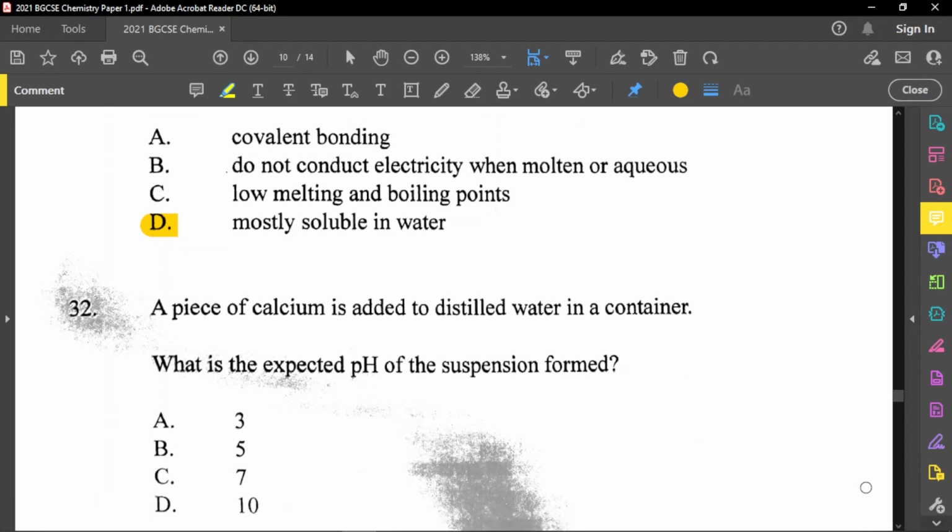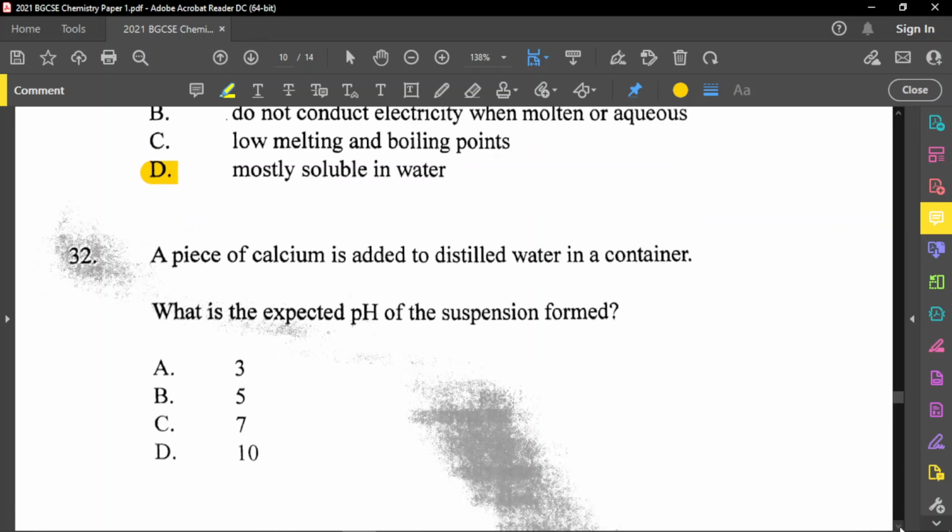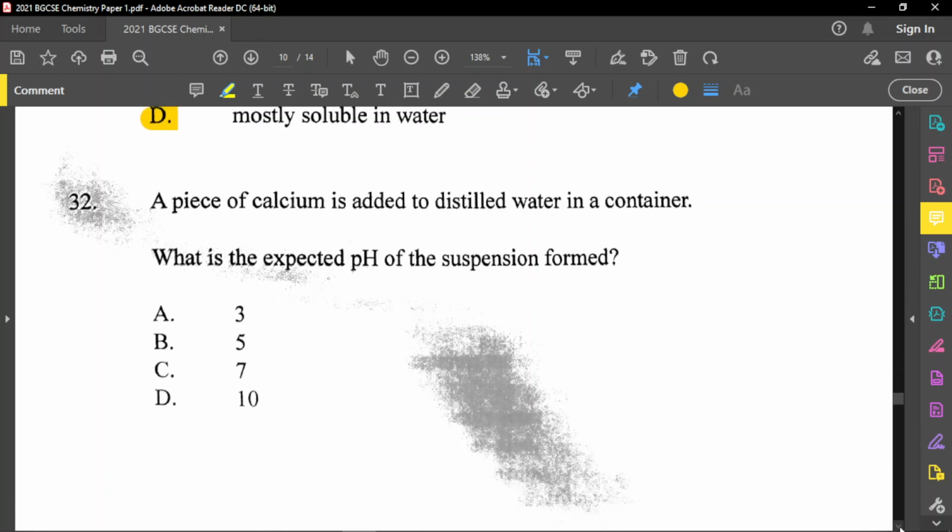Question 32. We're almost there. A piece of calcium is added to distilled water in a container. What is the expected pH of the suspension formed? If you add calcium in water, you form calcium hydroxide.